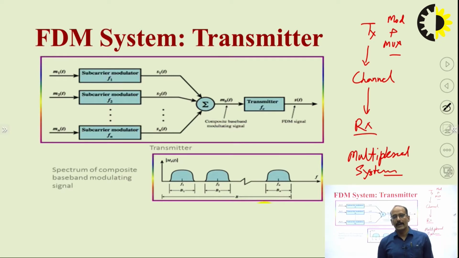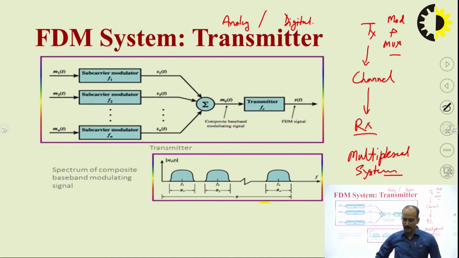Our multiplex systems are of two types. The first type is analog and the second one is digital multiplex system. Now, what is the difference between them?